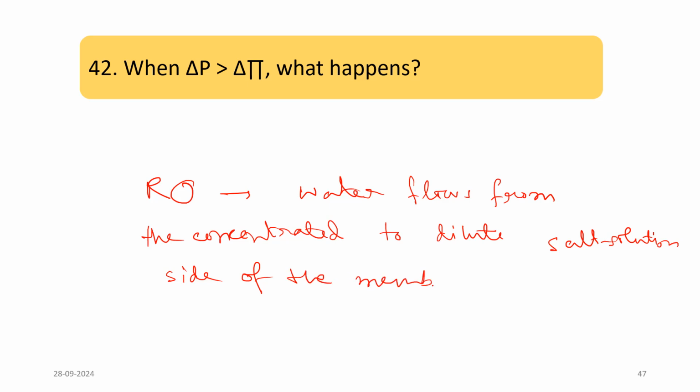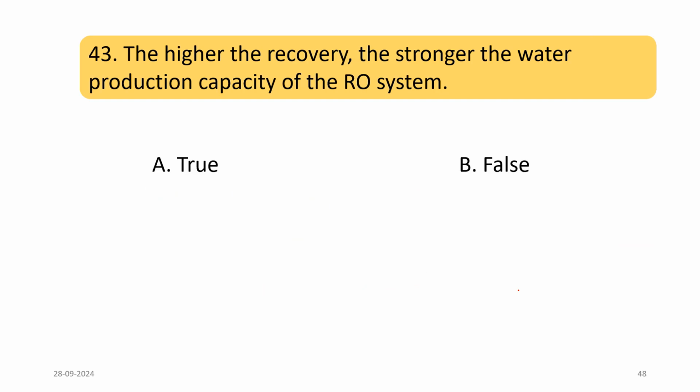So real rejection is the solute concentration at the membrane surface minus the permeate concentration Cp, divided by the solute concentration at the membrane surface: (C delta 1 minus Cp) divided by C delta 1.